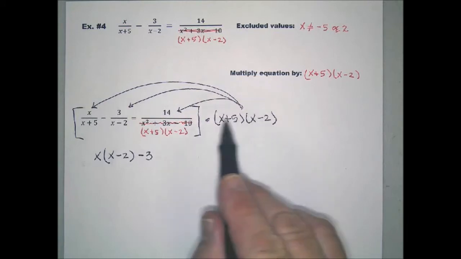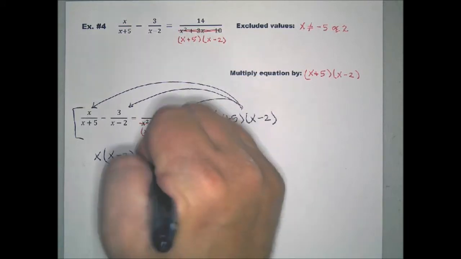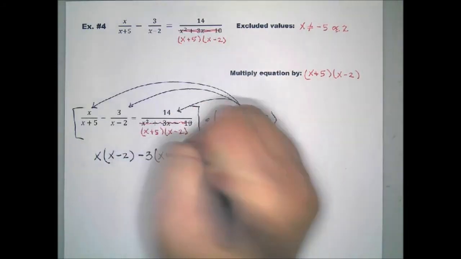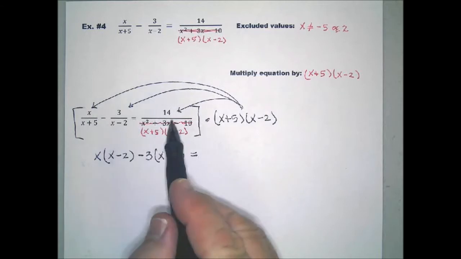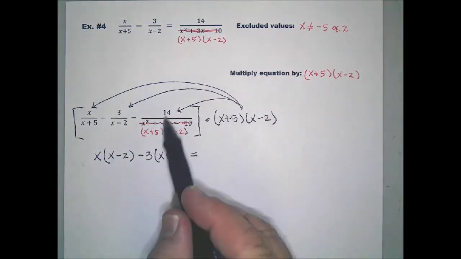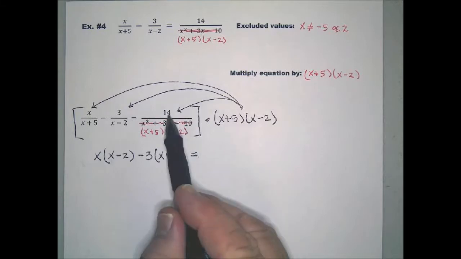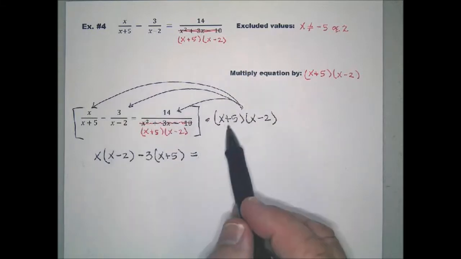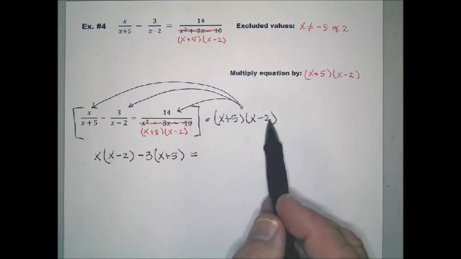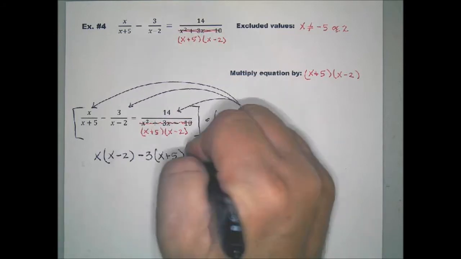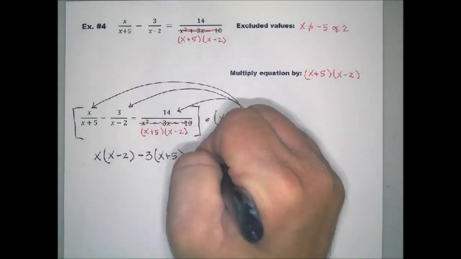And I'm going to be left with an x plus 5. Now, after the equal sign comes the third term in the problem, which is 14 over x plus 5, x minus 2. Well, when 14 gets multiplied by x plus 5, x minus 2, but it's over x plus 5, x minus 2, those are both going to cancel, and all you're left with is the 14.